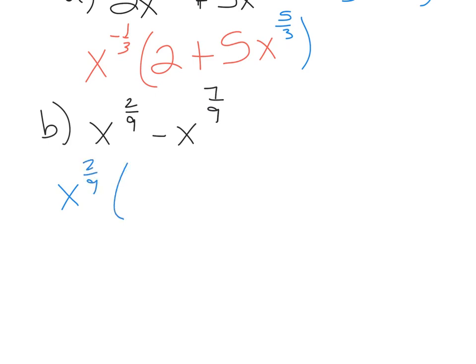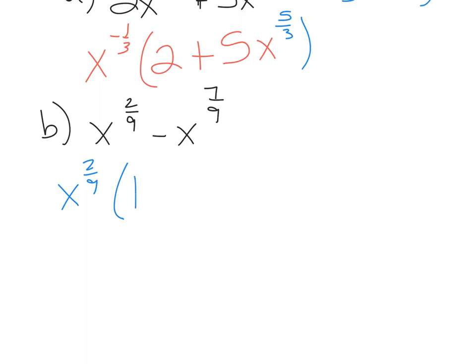What do I have left? Well, thinking about multiplying, this times this has to make this. So I already have the whole thing. They match. So how am I going to get that back? Just by multiplying times 1.